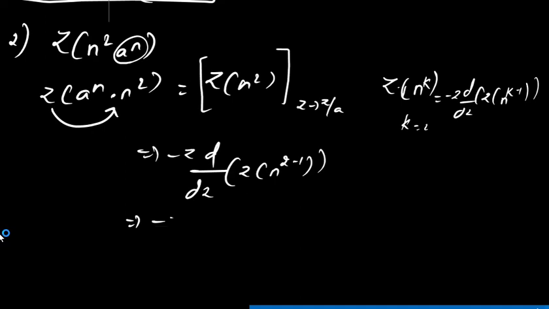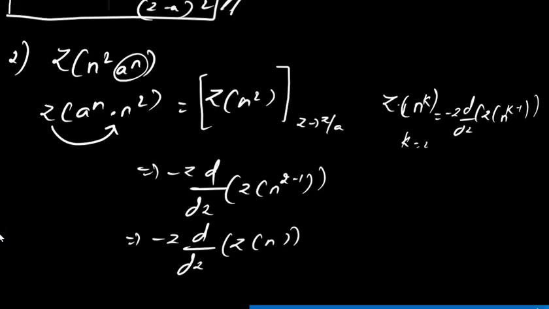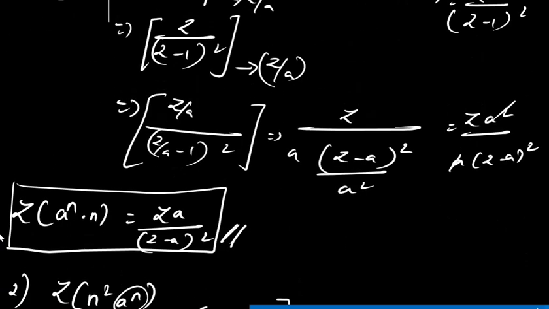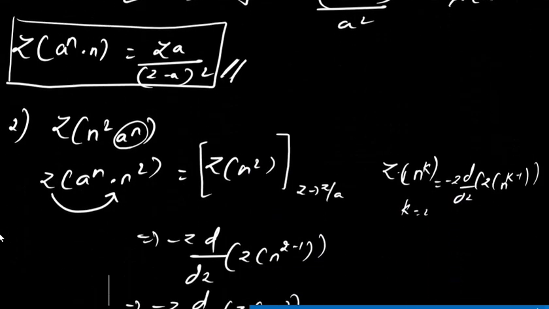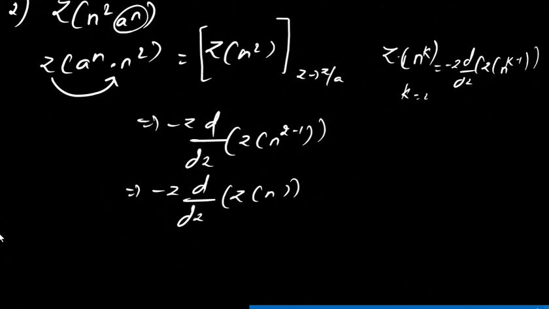So it is minus z d by dz of z transform of n. From the previous result, we know what is z transform of n. Z transform of n is nothing but z by z minus 1 the whole square. Please substitute that here. So it's minus z d by dz of z by z minus 1 the whole square.